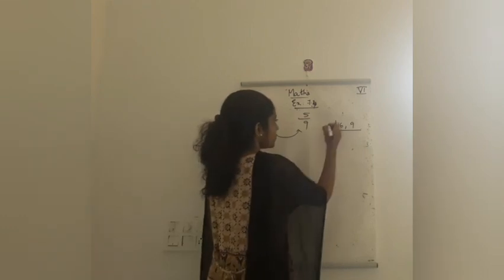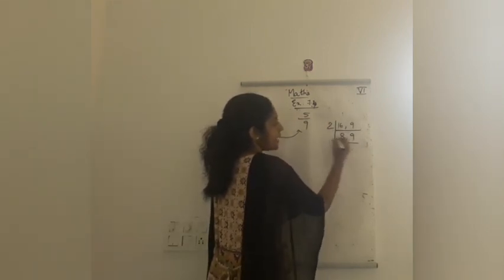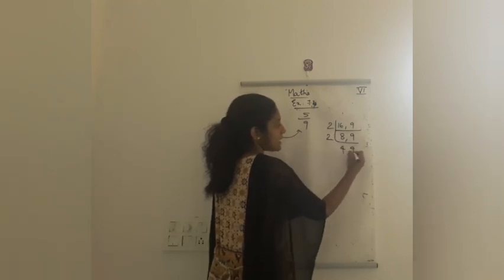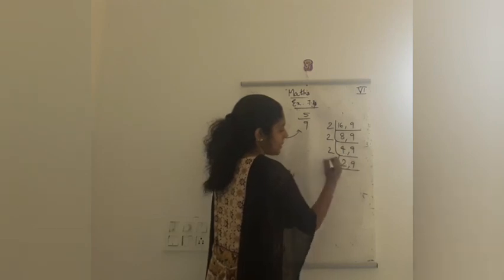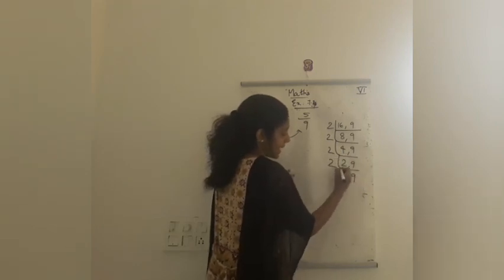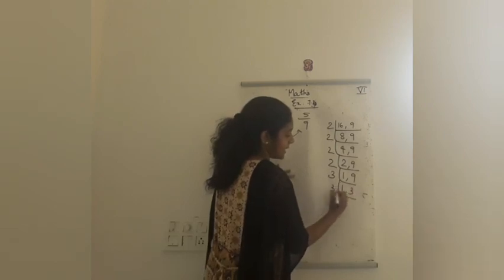So first what you have to do, 2 in the table, 8 2s are 16, 9; 2, 4 2s are 8, 9; again 2, 2 2s are 4, 9; 2, 1, 9 itself; again 3 in the table, 3 3s are 9, 3, 1.